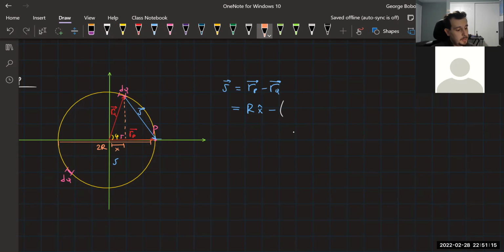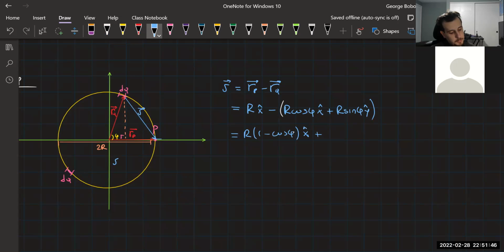I would use the fact that the size of RQ is capital R. So that is capital R cos phi x hat, and then plus R sine phi y hat. And look what I get here: R(1 minus cos phi) x hat plus R sine phi y hat. And that's your curly R vector.